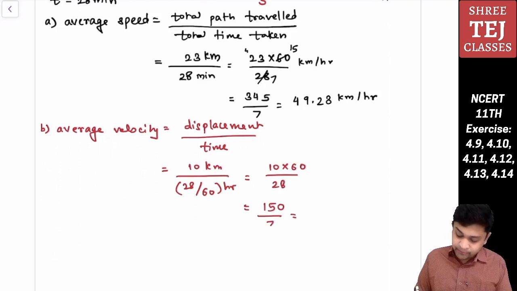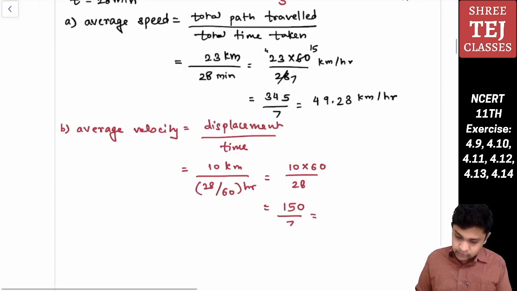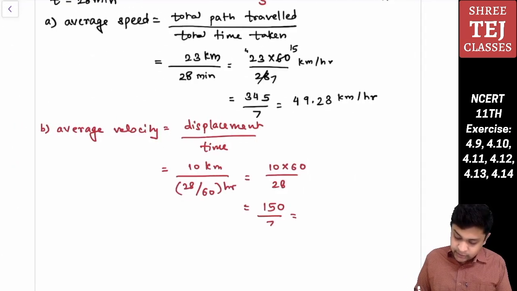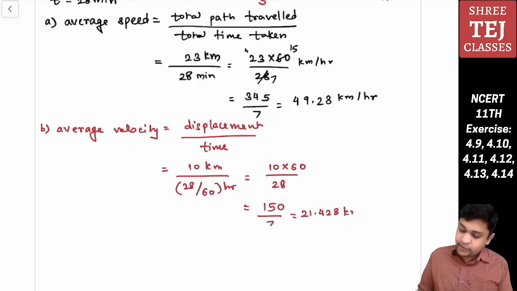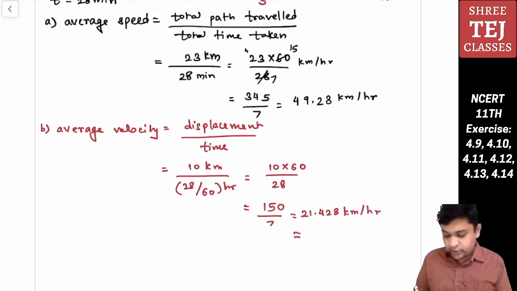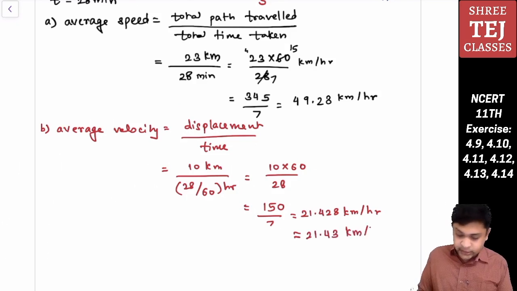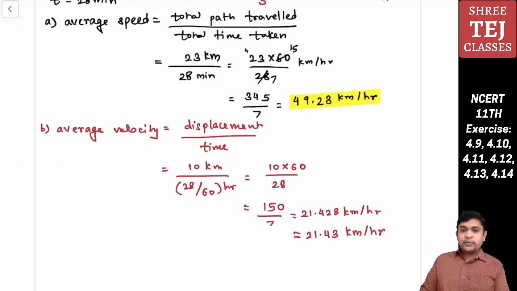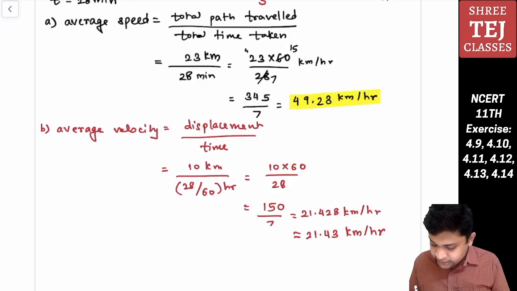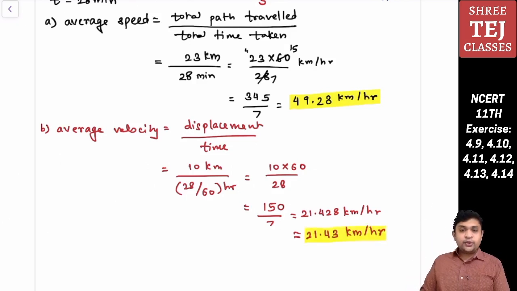So this will be 21.428 kilometer per hour, which after rounding off will be 21.43 kilometer per hour. So average speed would be 49.28 kilometer per hour. Average velocity would be 21.43 kilometer per hour.